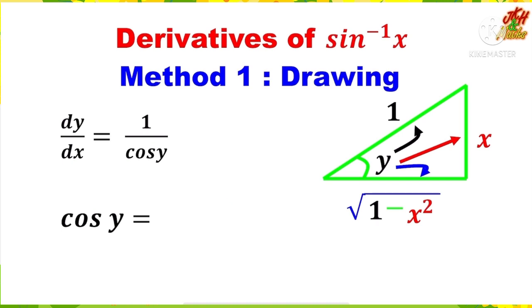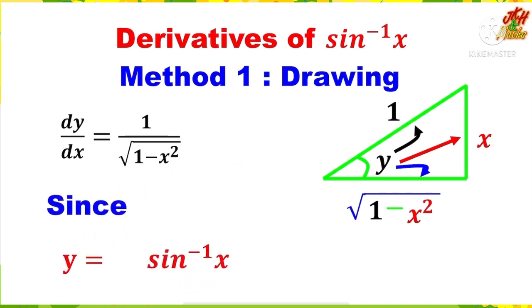Therefore, cos y is equal to square root of 1 minus x squared. So we substitute this value into dy/dx. Therefore, it gives us dy/dx is equal to 1 over square root of 1 minus x squared.